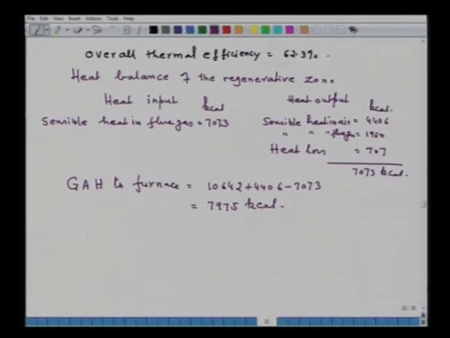So, what we note from here, with 125% air and 15% air leakage, now 75% of NCV of fuel is available.